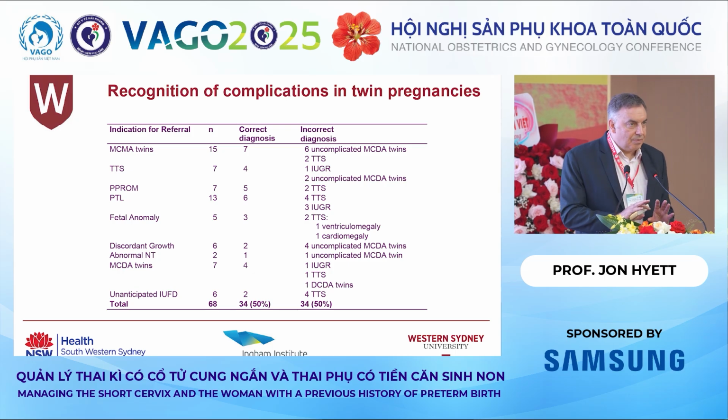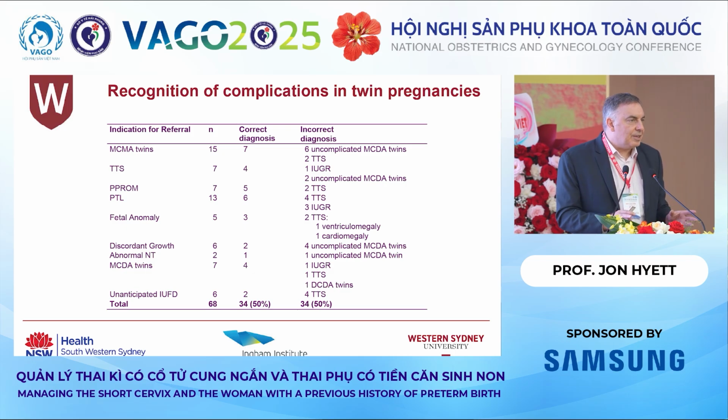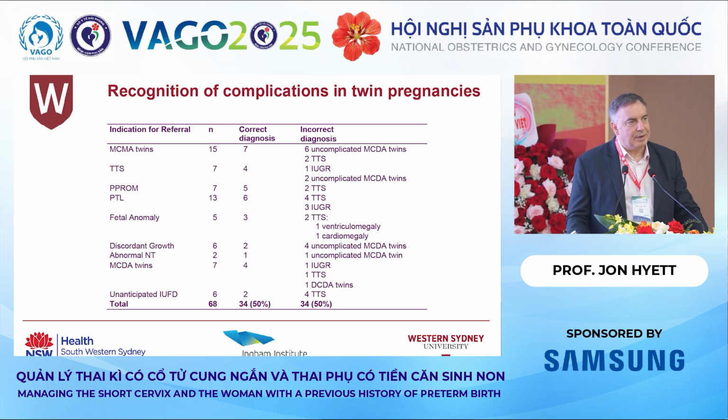Now, I think this last hour and a half of talks has made it look very easy to manage twins. It's clear that we should define chorionicity. It's clear what we should look for in the context of defining abnormalities. But that is not real world.